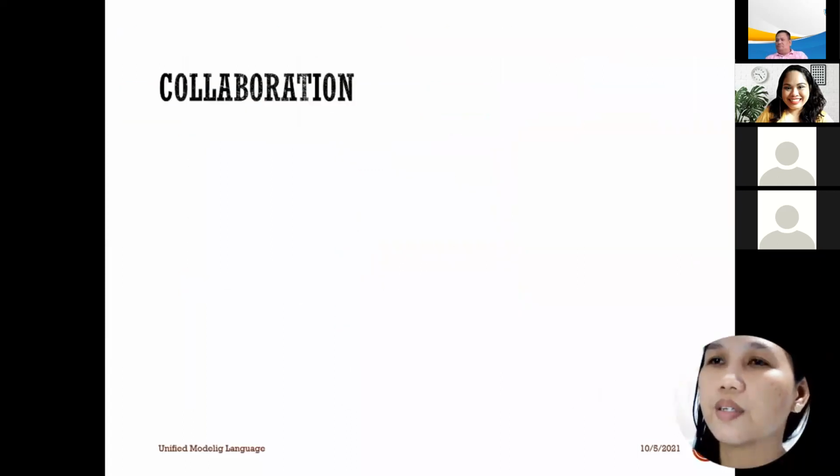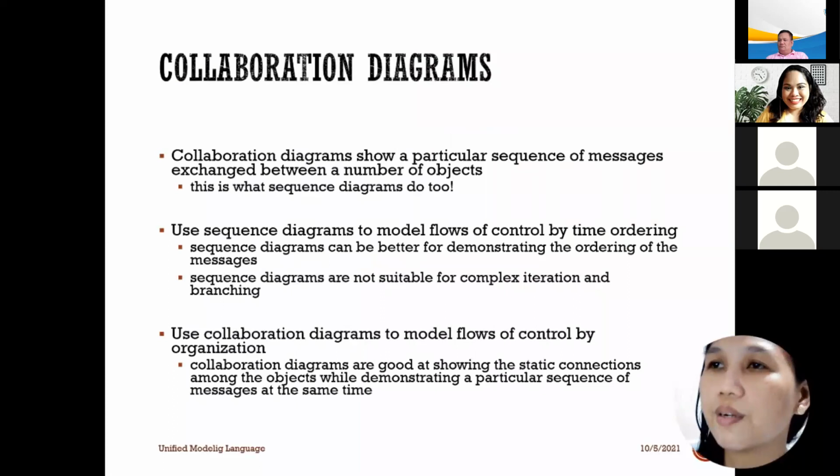Next is collaboration. Collaboration diagrams show a particular sequence of messages exchanged between a number of objects. So this is what sequence diagrams do too. We use a sequence diagram to model flows of control by time ordering. Sequence diagrams can be better for demonstrating the ordering of the messages.